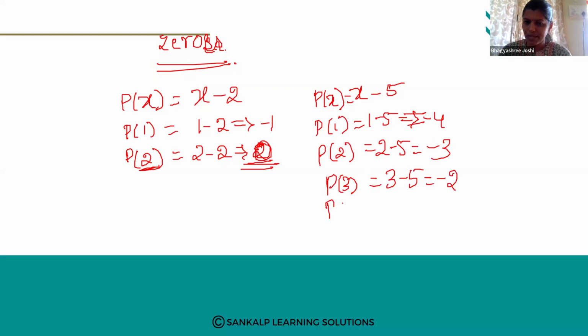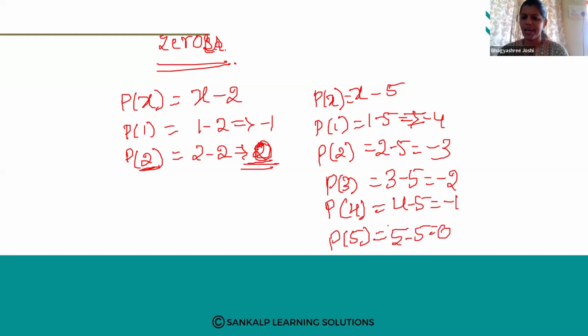If I substitute x is equal to 4, 4 minus 5 is minus 1. If I substitute x is equal to 5, 5 minus 5 is 0. So only at x is equal to 5 do I get 0. So the zero of the polynomial is x is equal to 5.